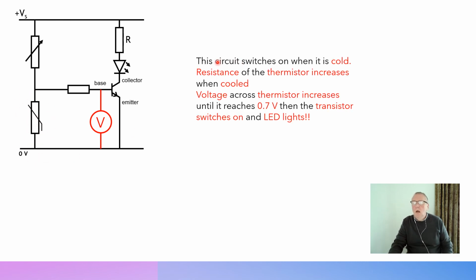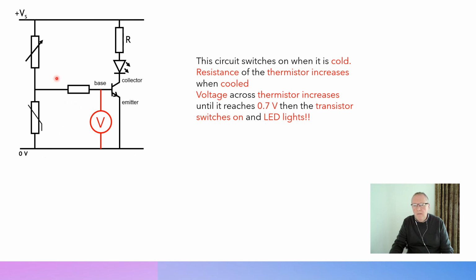So basically how it works will be if it gets cold, if the thermistor is cooled, then its resistance will increase. Remember, it's temperature up, resistance down. So if it's temperature down, it's resistance up. So the resistance of the thermistor will increase, voltage across the thermistor will increase.